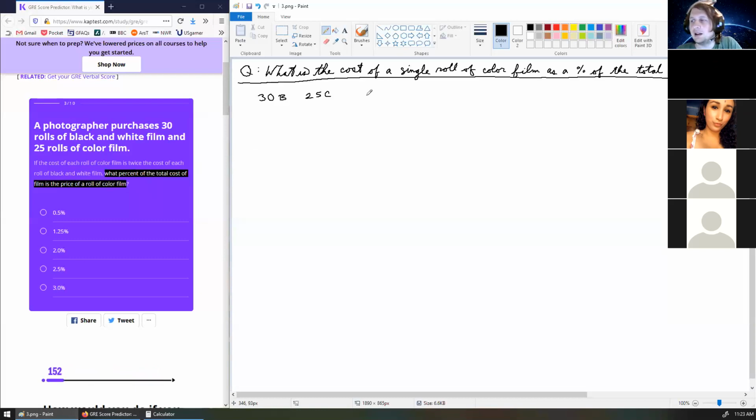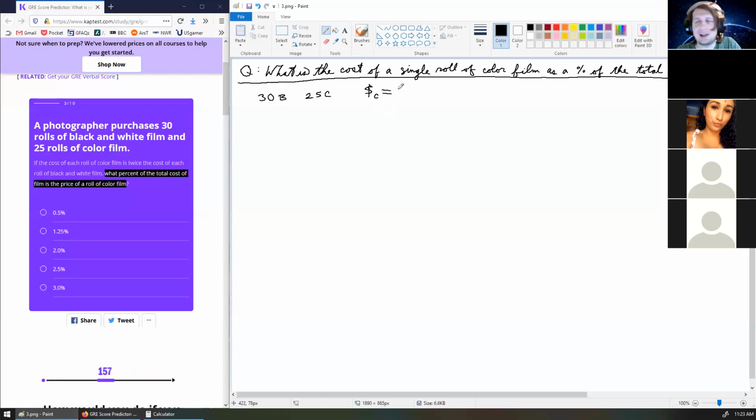So I'm going to use the letter M as in money. No, you know what? Why not? I'll just use a dollar symbol. The money cost of color is equal to how much? 2 times.